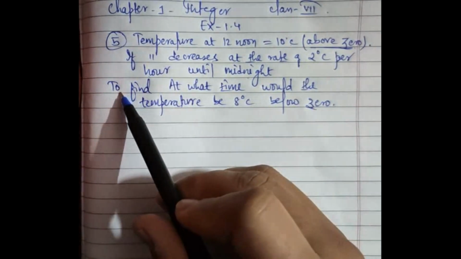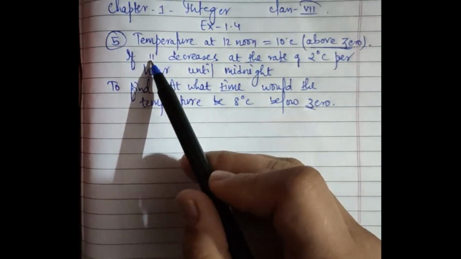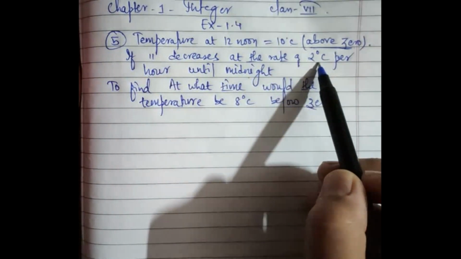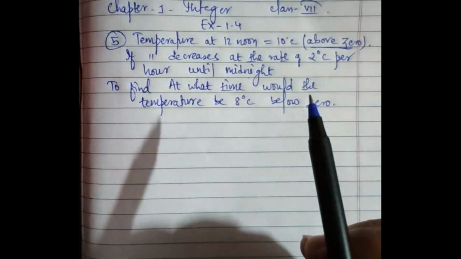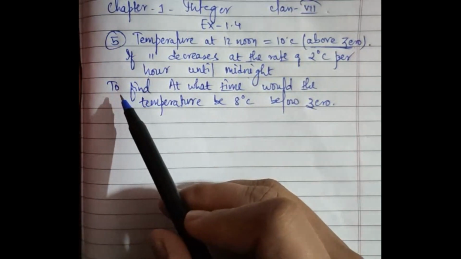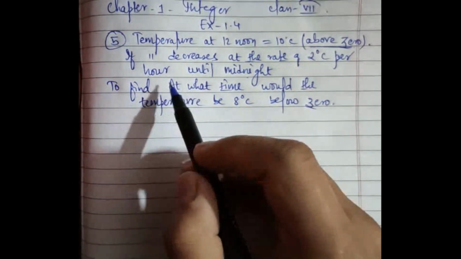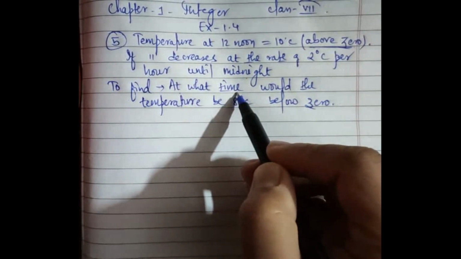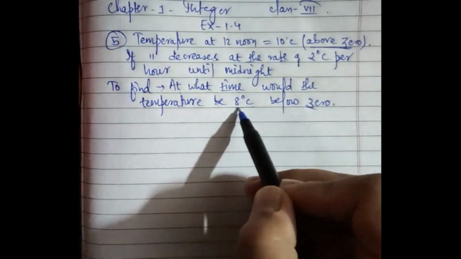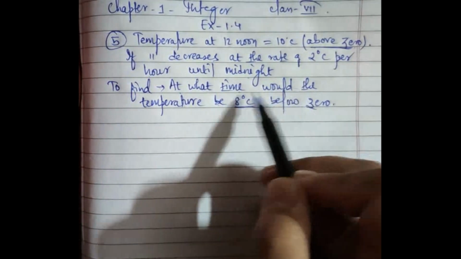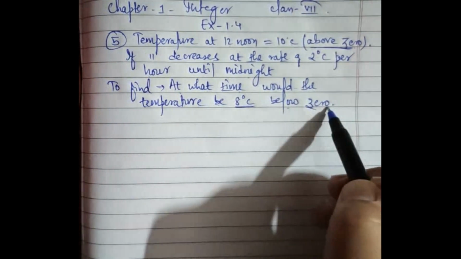Now what you have to find is at what time the temperature would be 8 degrees Celsius below 0.